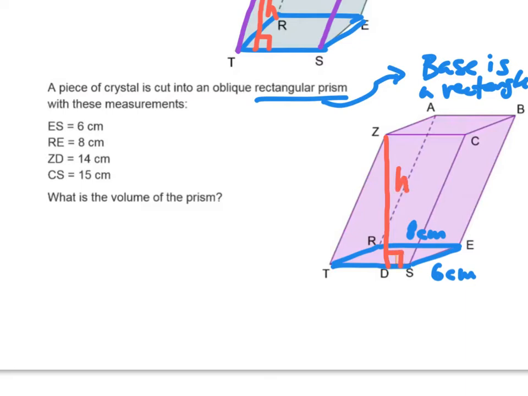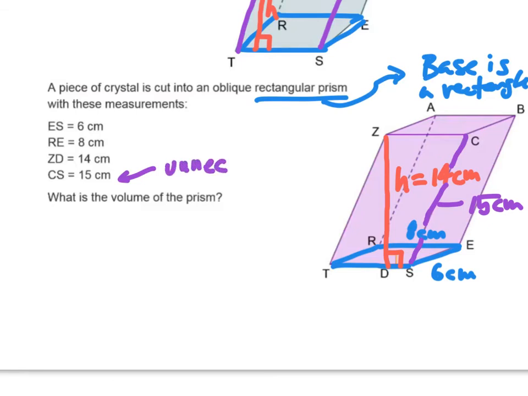So my height is equal to 14 centimeters. Then it tells us that CS over here, this length here, is 15 centimeters. Does that help us in any way? It really doesn't. This is 15 centimeters, but we don't need it. This is kind of unnecessary information.